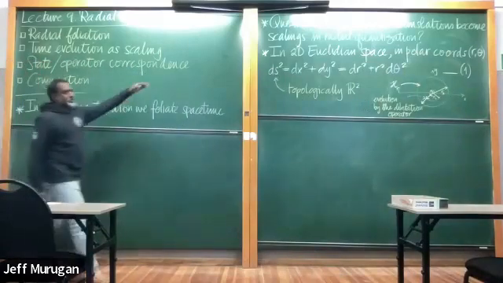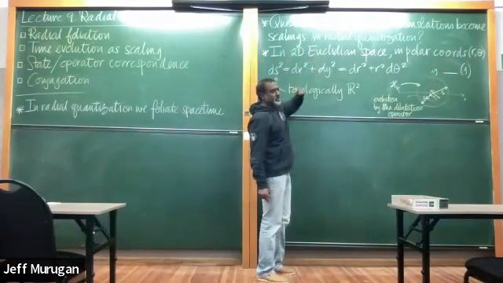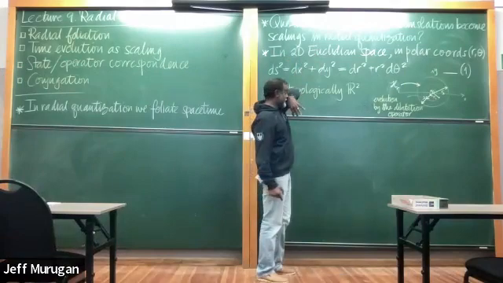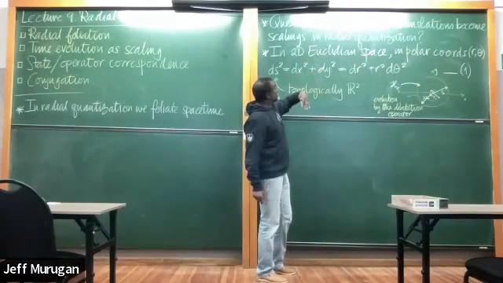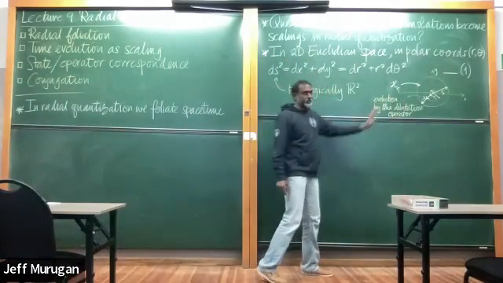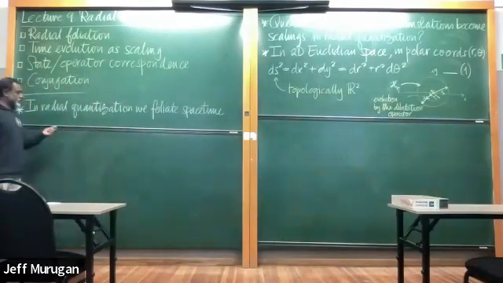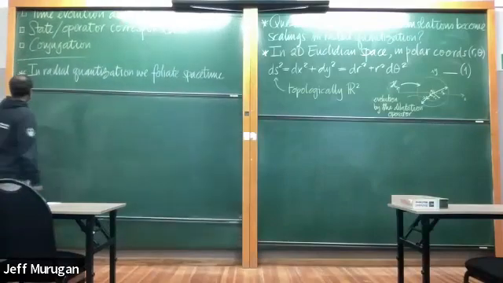So remember, I'm trying to convince you that time translations between equal time slices in an equal time foliation become scalings in radial quantization, right? In this spherical shell foliation. So to do that, let me define a time here.